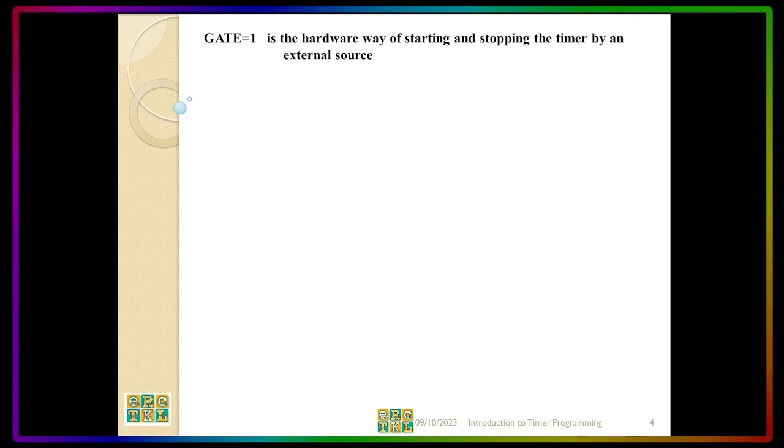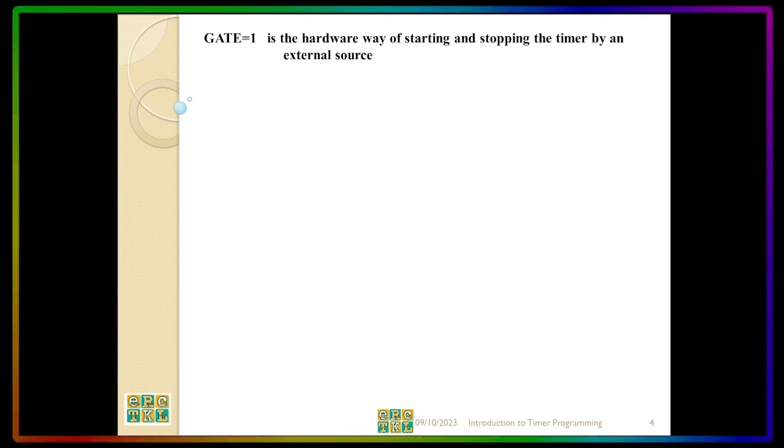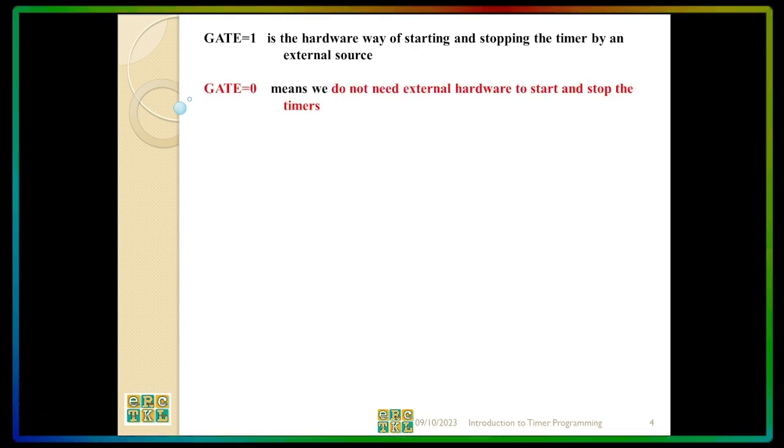Now, moving on, again, when we have gate equal to 1, this means that hardware will be the way to start or stop the timer. We can run or start the timer by using hardware, but we need to put gate equal to 1. When the gate equals 0, it means that we do not need external hardware to start and stop the timers.